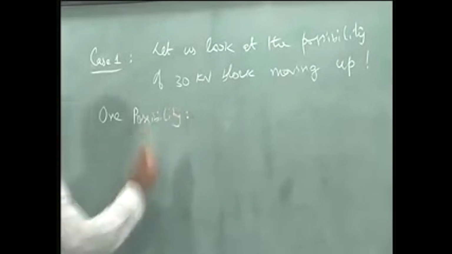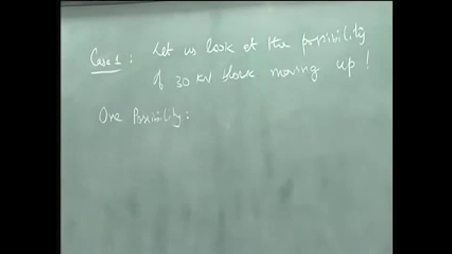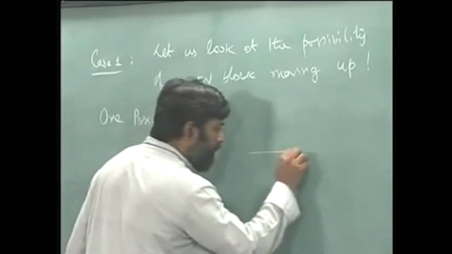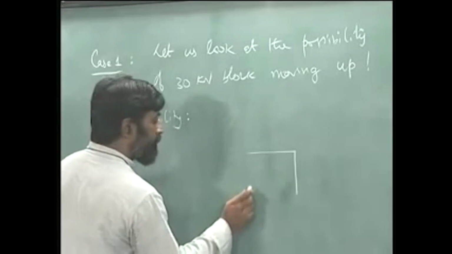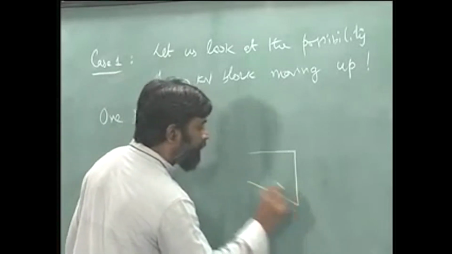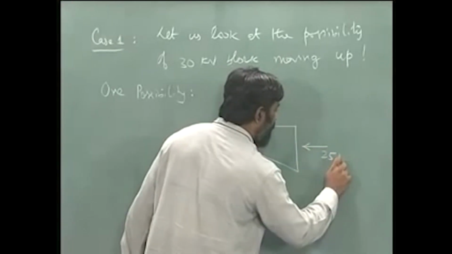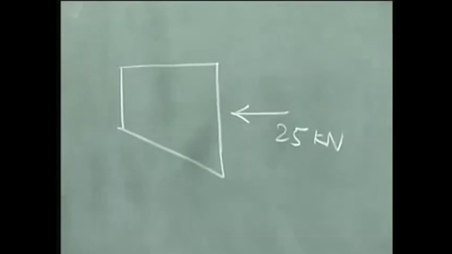I am presuming that if I look at that possibility, there are many other things that we will understand from it. So, let me just draw only that block. I have a slanting contact over here, there is a 25 kilonewton coming in on the side.